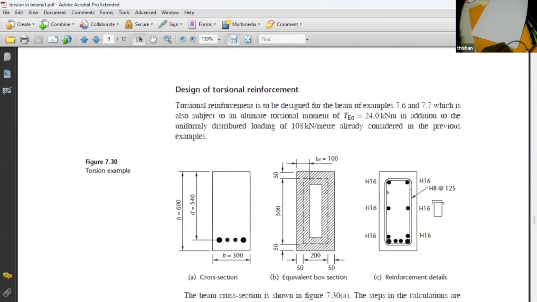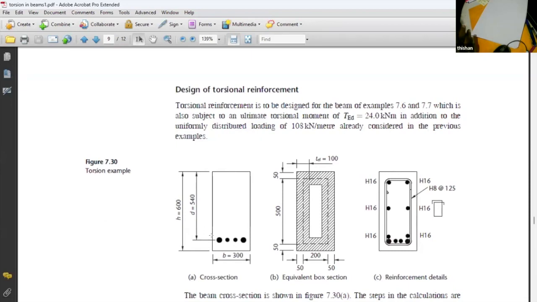So the design example is a beam of 300 width, 600 depth, 540 effective depth. This particular beam was originally designed to carry a vertical load of 108 kilonewtons per meter. That design was done without worrying about torsion. Then they found this particular beam can be subjected to torsion as well. If that is the case, what are we going to do? We have to provide torsional resistance.